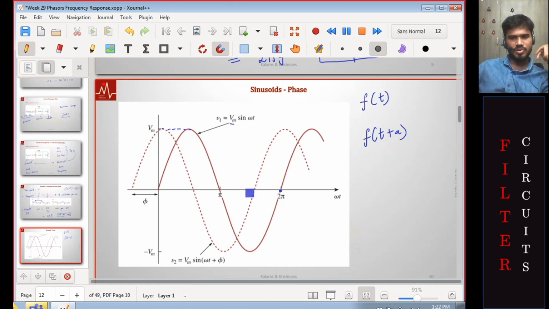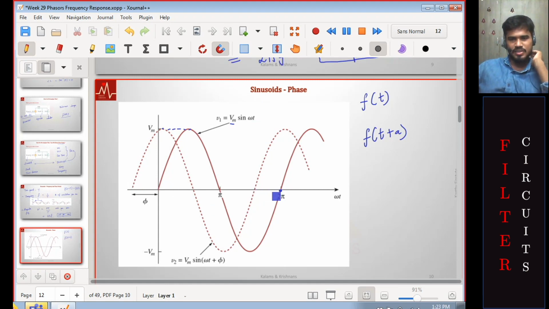There is some question on how do you know when an angle given is in degrees or in radians? Omega is always expressed in radians per second. And phase, by convention, whatever we are seeing here, is expressed in degrees. I'll come to that in a moment.